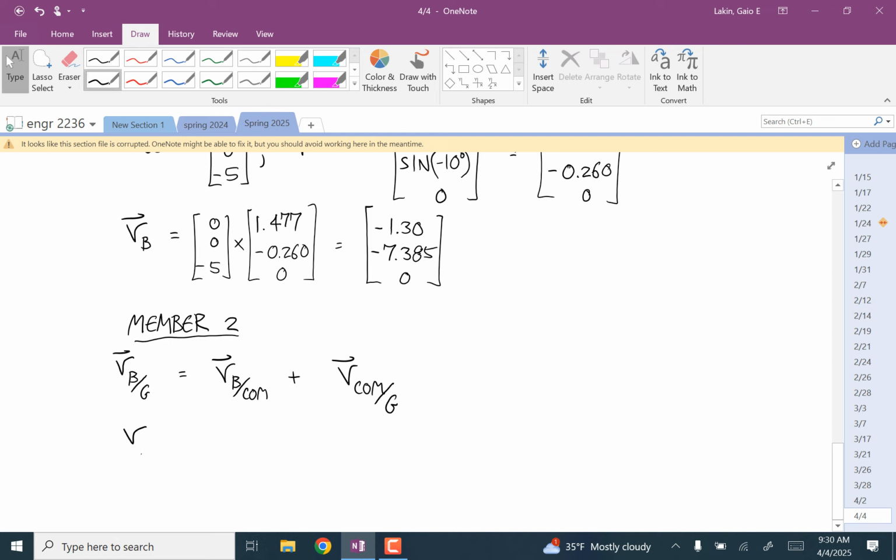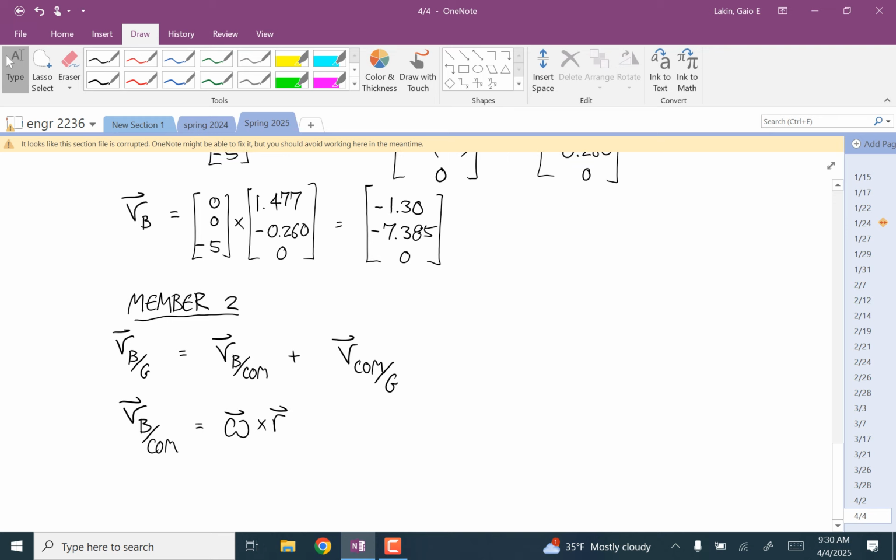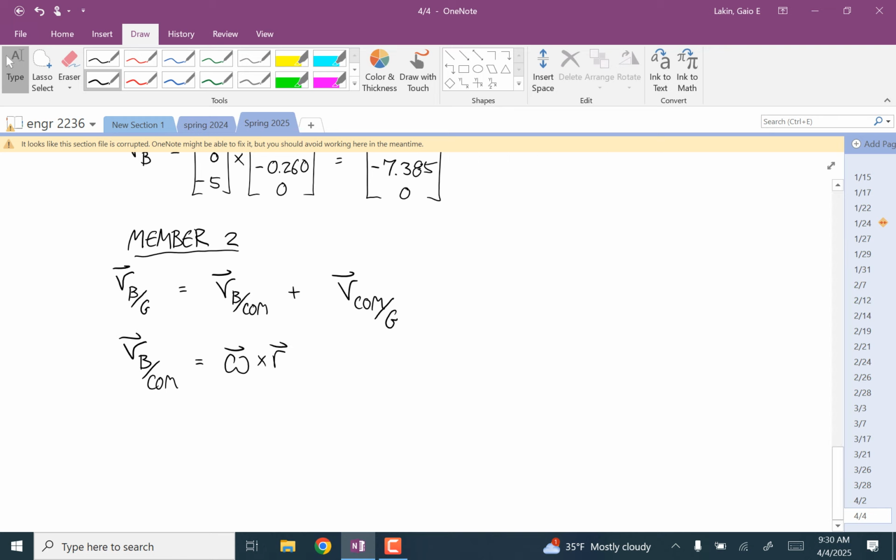So the velocity of B relative to the center of mass is omega cross r. Omega, well, we're looking for the value of that omega, so I'm just going to call this 0, 0, omega 2.